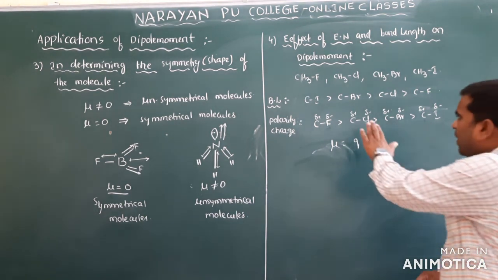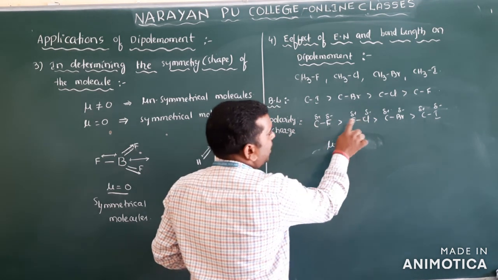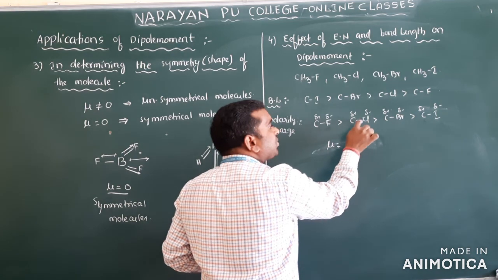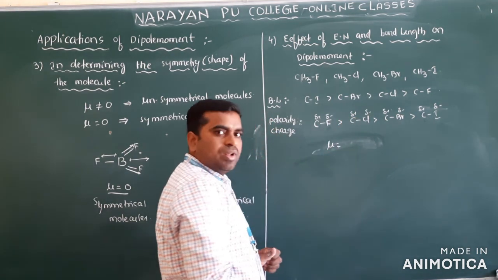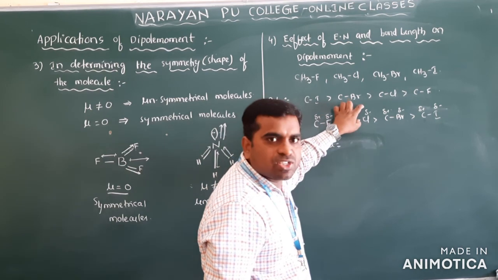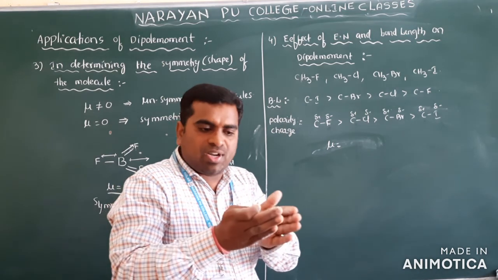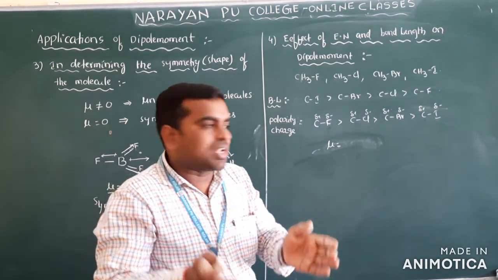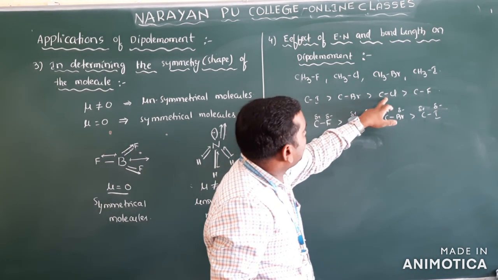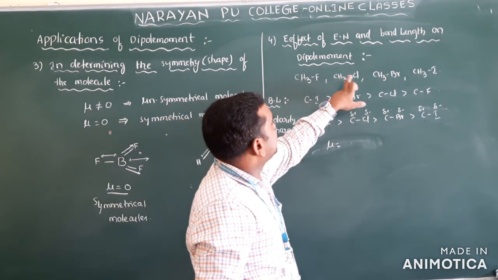For chlorine, the charge is also high and the bond length is also somewhat longer. Both are satisfied here: the charge is high and the bond is not that short. So the multiplication of charge and distance will come highest for CH3Cl.